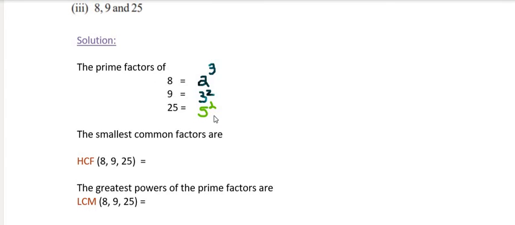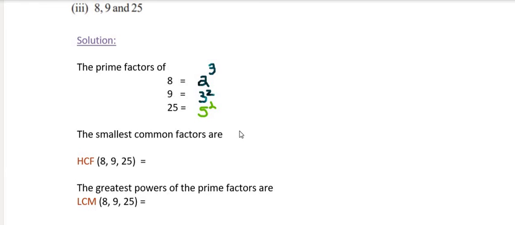Okay, so we have written all the prime factors. We cannot find any common factors. You can see that 8 has the number 2, 9 has the factor 3, and 25 has the prime factor 5. So 2, 3 and 5 are not common to all the three numbers.